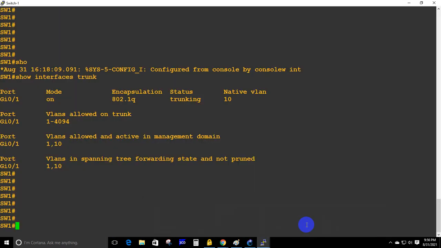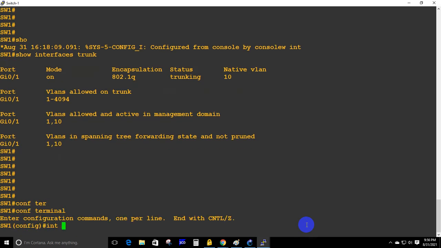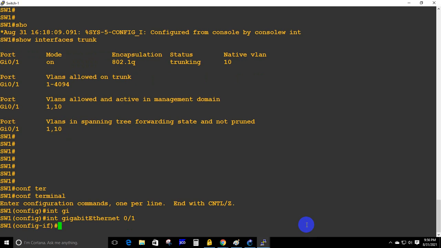Now change the encapsulation type to ISL. Interface GigabitEthernet 0/1, switchport trunk encapsulation ISL.